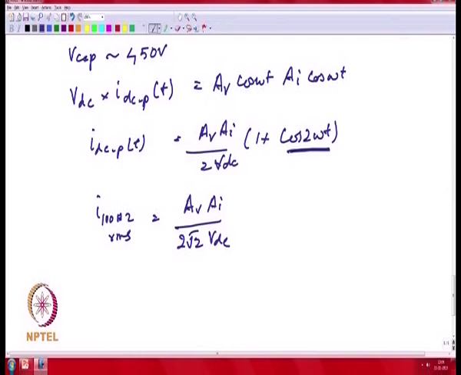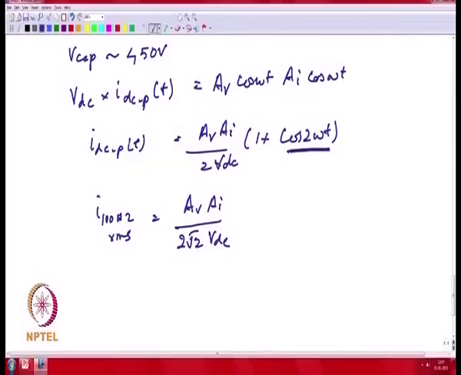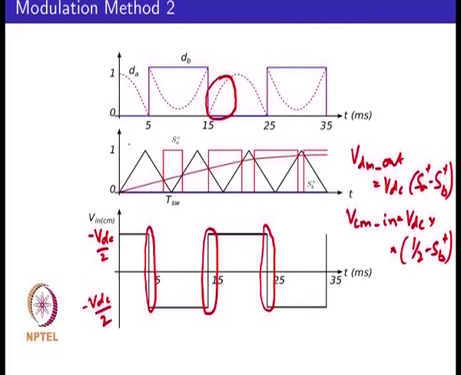The next component that we would like to evaluate for this power converter is, due to the switching operation, the high frequency components that now flow through the DC bus capacitor. You could evaluate the high frequency components by looking again at the switching functions.